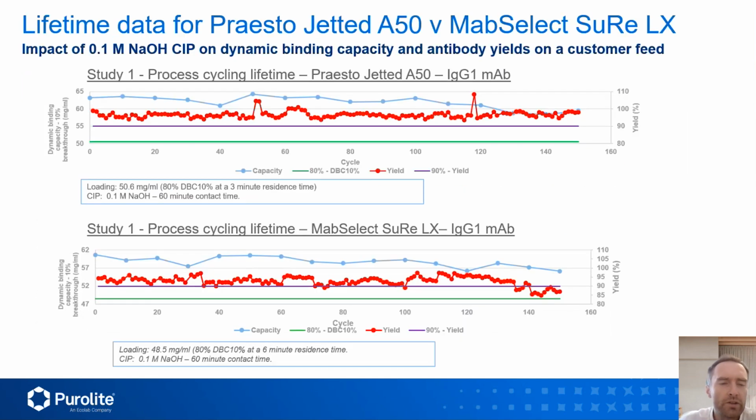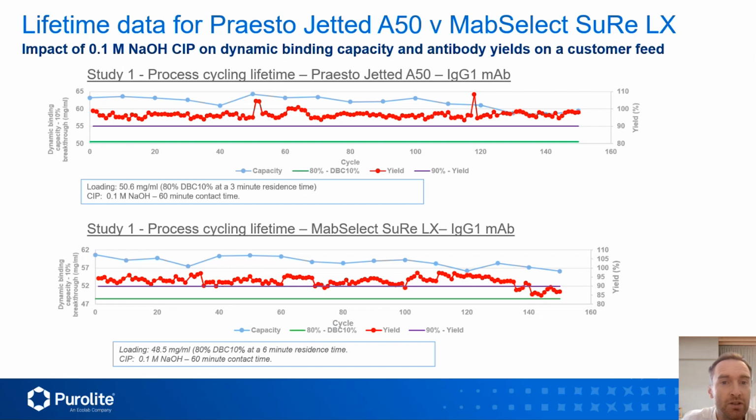Another quality that's important to Protein A beads centers on good caustic resistance. The charts here show a comparison between Purolite jetted A50 and MabSelect SuRe LX for an IgG1 antibody. You can see that across 150 cycles, the yield for jetted A50 remains above 90%.